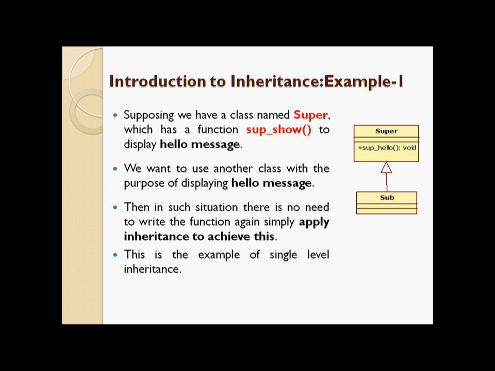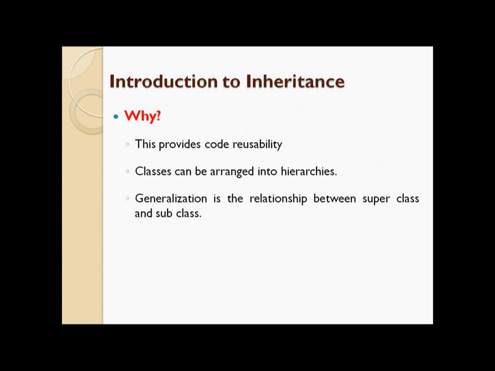This function is given in public mode of the superclass, and we are interested in using this function for the class sub. So in order to do this, using the object of class sub, we can access this operation, this function, if we apply the concept of inheritance. And here, since you can see that we have only one parent class and only one child class, this type of inheritance can be called single level inheritance.